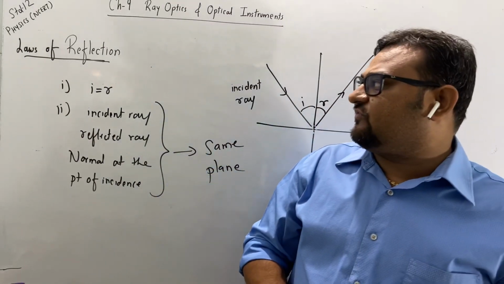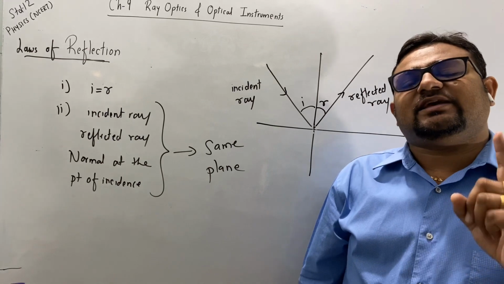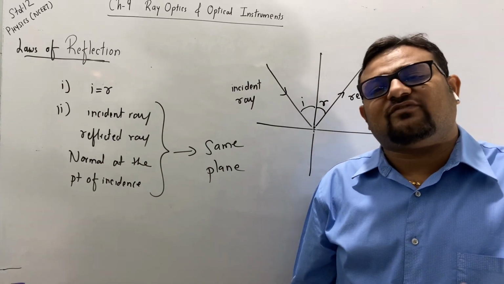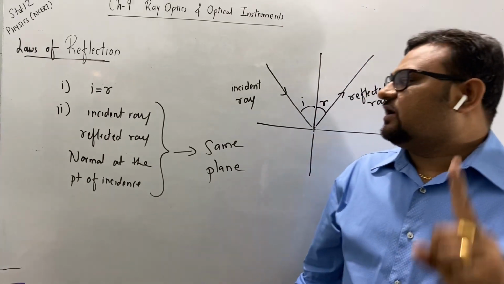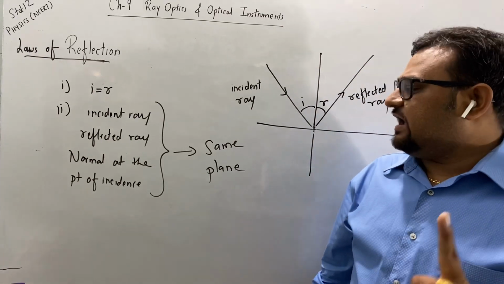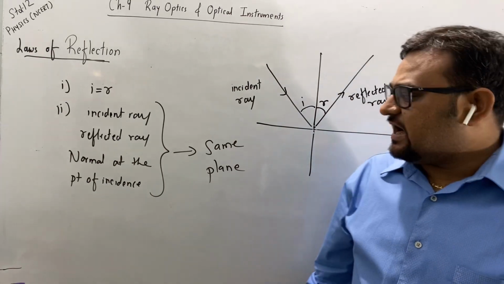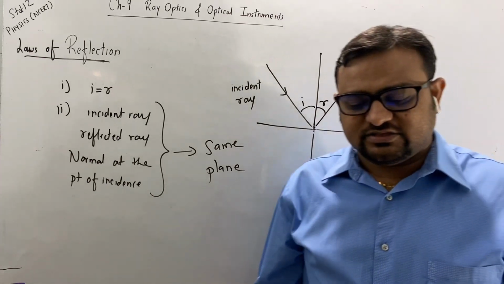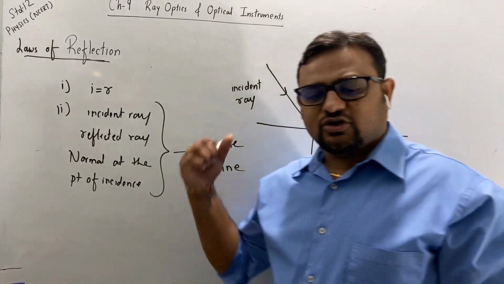So remember the law of reflection. First, the angle of incidence is equal to the angle of reflection. Second, the incident ray, reflected ray, and normal at the point of incidence are all in the same plane. Clear? So just go through this point.